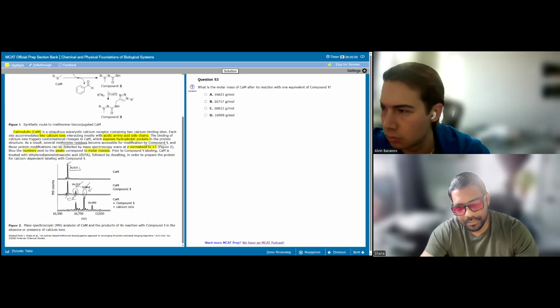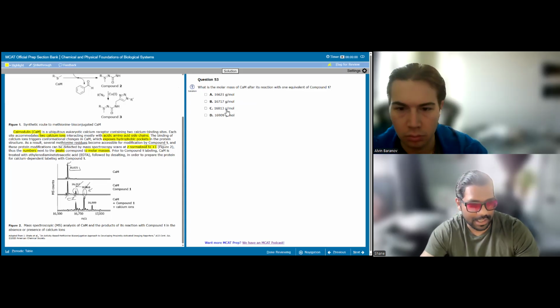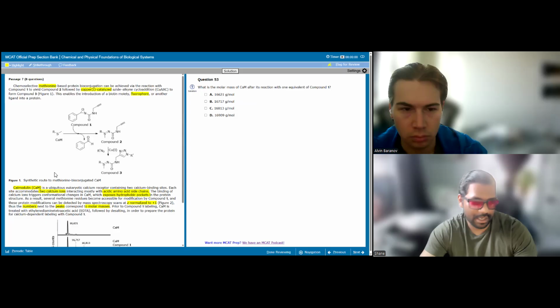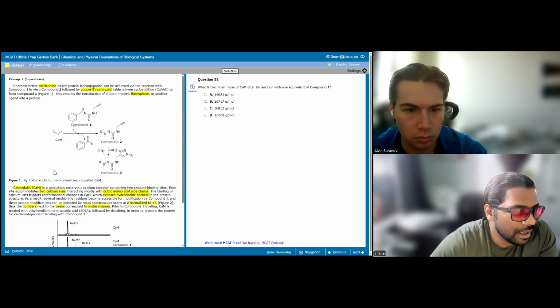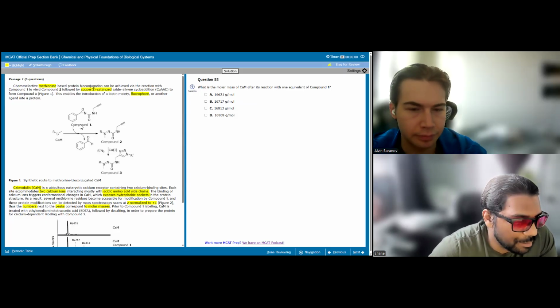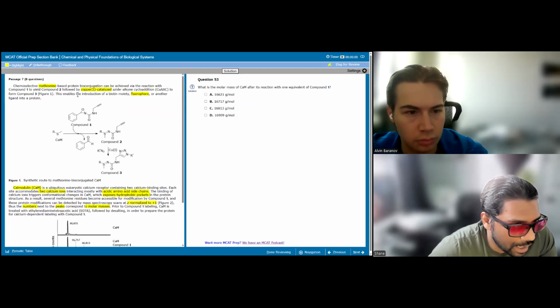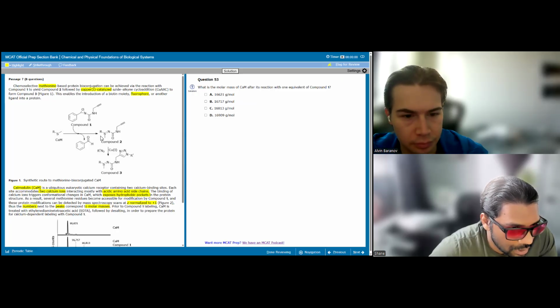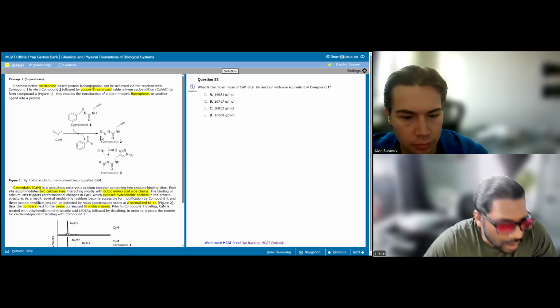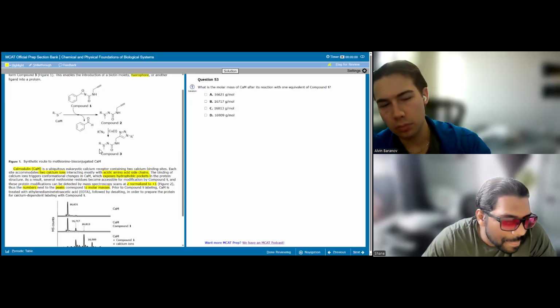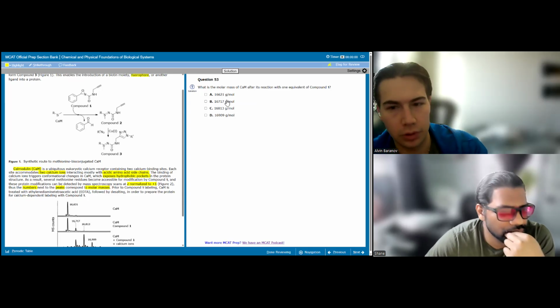But molar mass, did they say anything in the passage that can help, or methionine? So we have CAM, we add compound 1, we get compound 2, and I guess they're not asking about compound 2. Let's see what the explanation says.